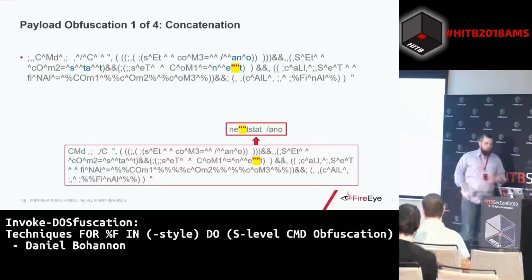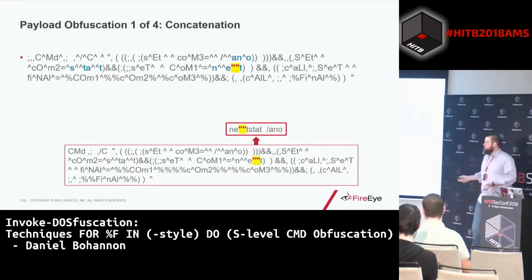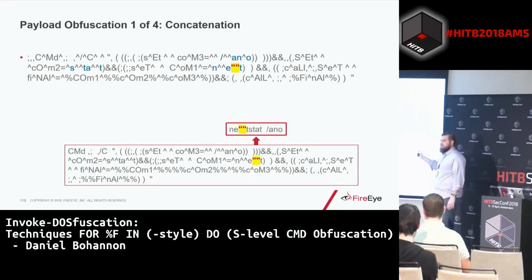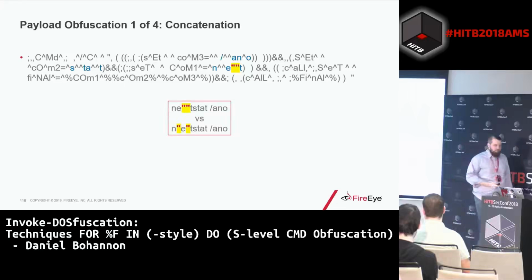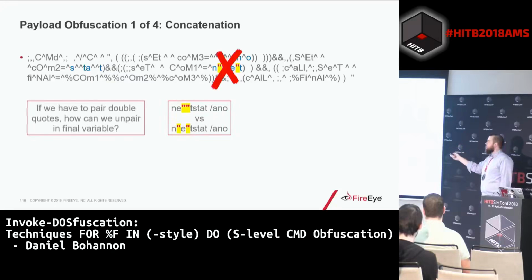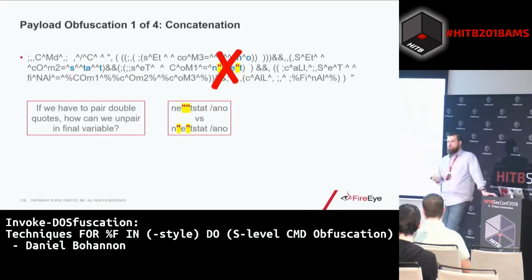Now, one case that was really frustrating for me is this is fine if we have these double quotes that are adjacent, but what if we want non-adjacent double quotes? There's a huge difference here when you're using concatenation, because if we try to just change the paired double quotes to non-adjacent double quotes, this will actually fail. And it fails because there's no way on the command prompt to actually escape double quotes.